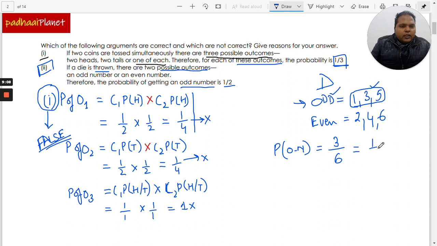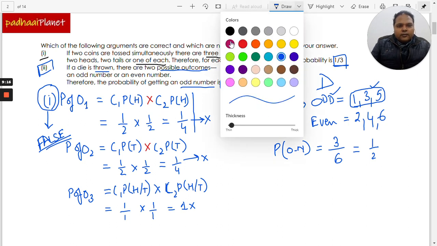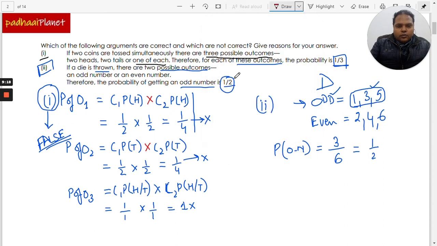So the final answer is 1 over 2. So our statement number 2 is actually standing true. This statement is true, while the first statement is not true, it is false.